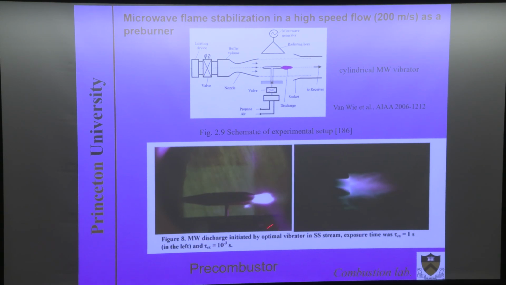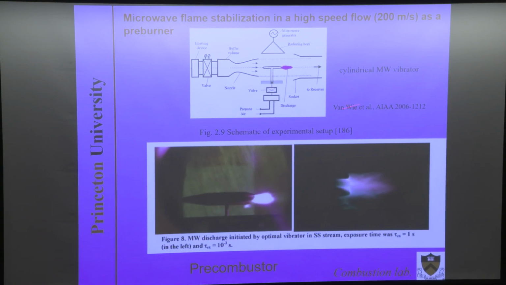Basically this uses microwaves to break down the discharge. This is the supersonic flow, and they're using this microwave generator and this antenna. They can create a strong electric field and break down a discharge. They can stabilize the flow at high speed, 200 meters per second.